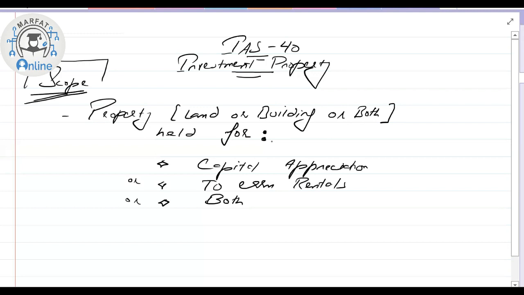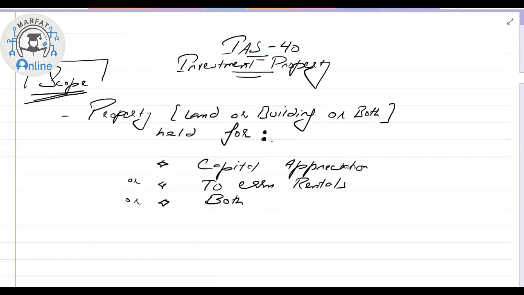That is known as capital appreciation. A lot of people do that individually as well. They buy plots, they buy land, and the intentions are that the land will increase in value. To earn rentals, for example, the company bought a building and they gave it on rent.